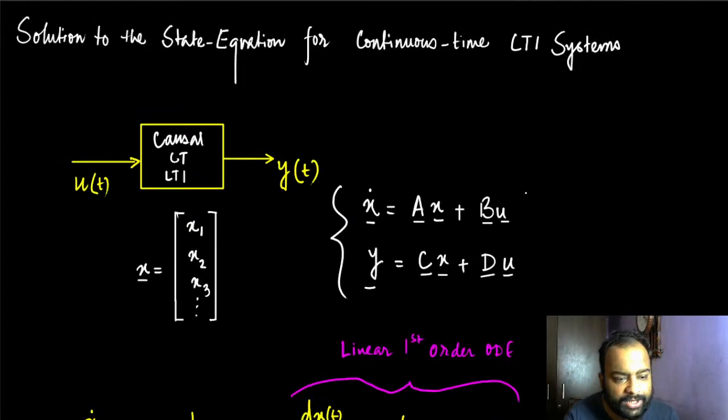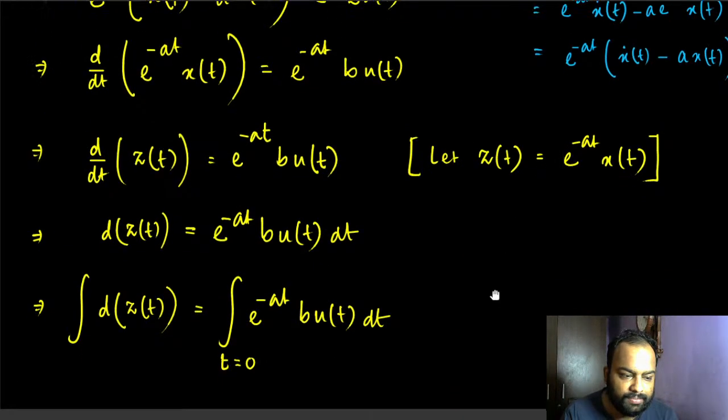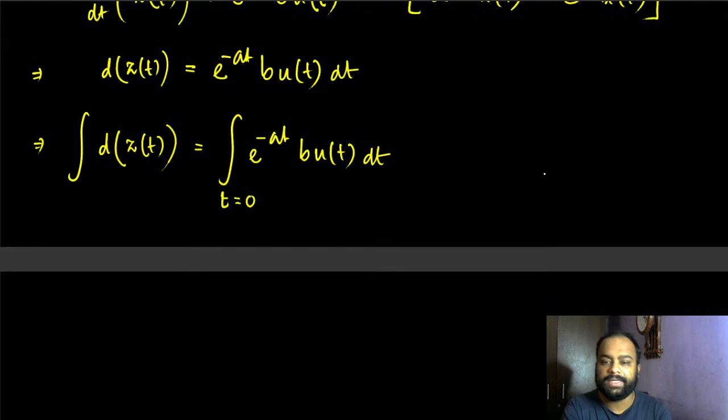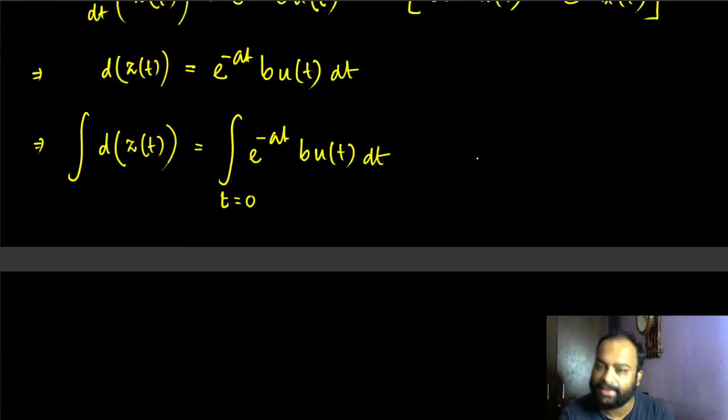We are assuming the system to be causal, which means that the impulse response of the system will be a causal signal, and thus if the input is also a causal signal, the output is also a causal signal.